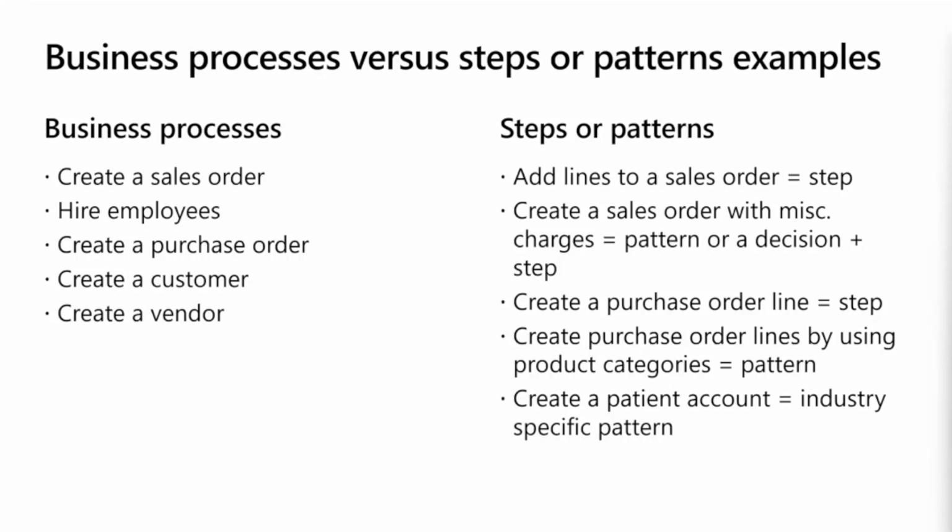So that would be an example where the uniqueness of creating a patient account would be a pattern of creating a customer. These are just a few very high-level examples that hopefully help explain the difference between a business process and a pattern or a step, or a use case or a user story.